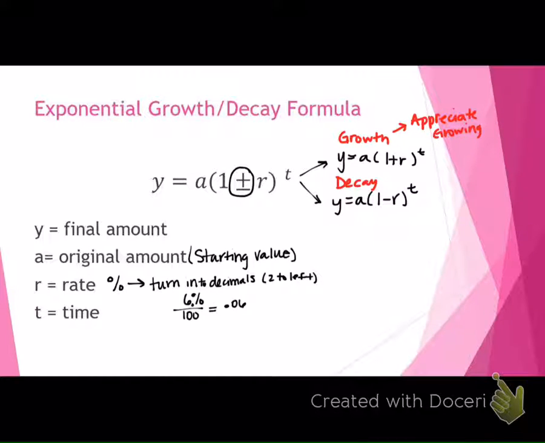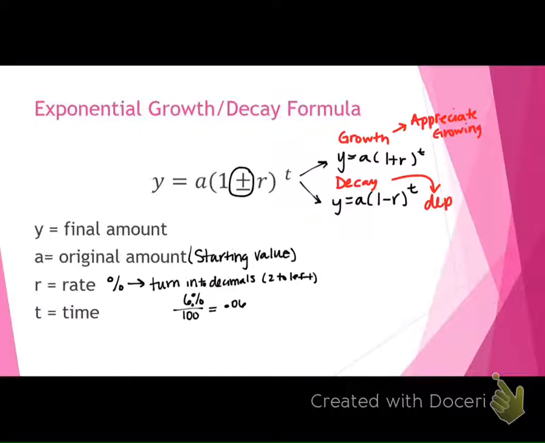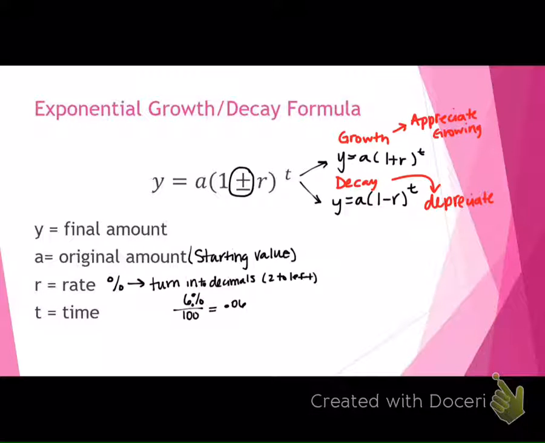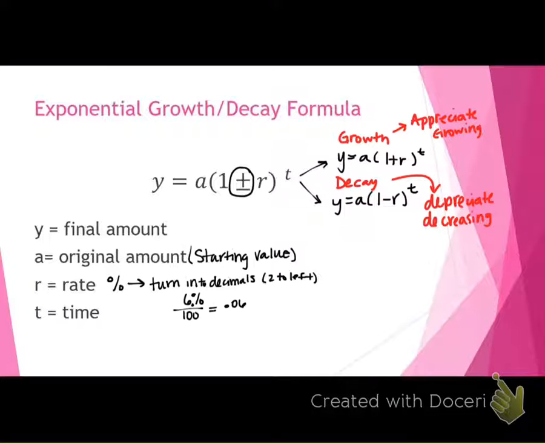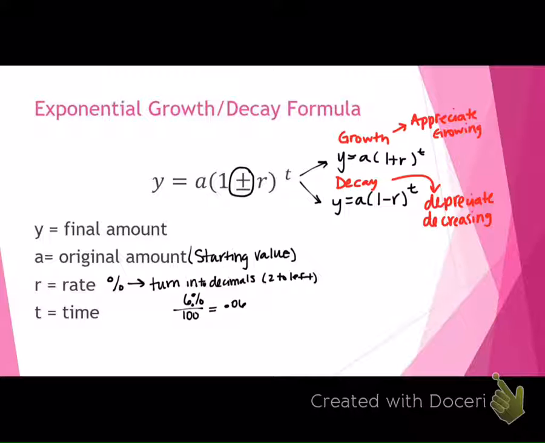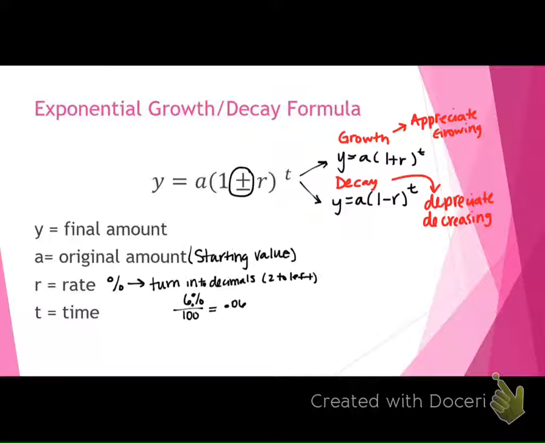And for decay, you might see words like depreciate, decreasing, anything of that nature that means going down. Okay? So appreciate means to become more, depreciate means to become less. So it's important to know what words you're looking for and what they mean. So those are the things you're going to look for in growth or decay.